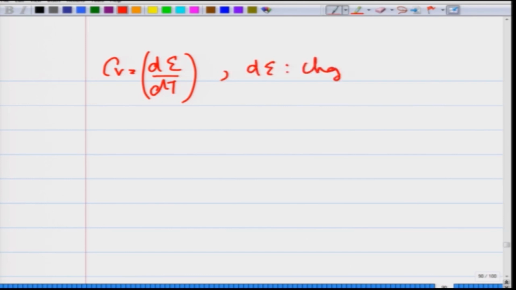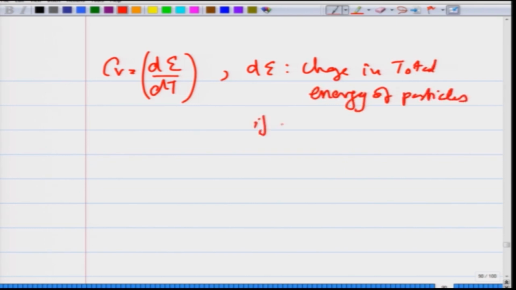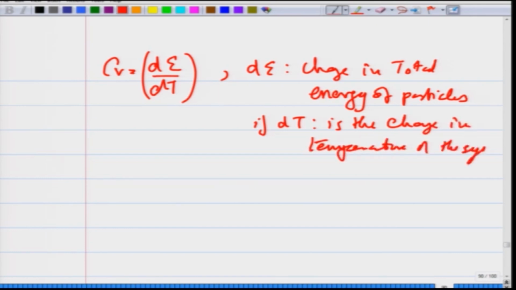dE is the change in total energy of particles if dT is the change in temperature of the system.